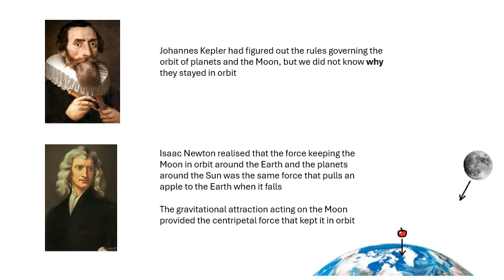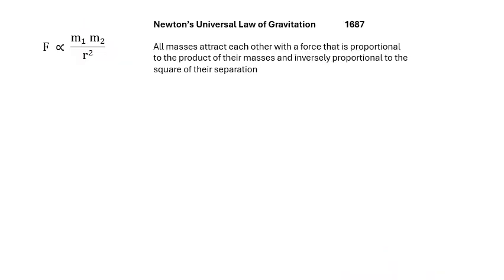So that was a brilliant thing to realize, and by looking at Kepler's laws and the work of people like Galileo and the motion of the moon, we come up with Newton's universal law of gravitation.